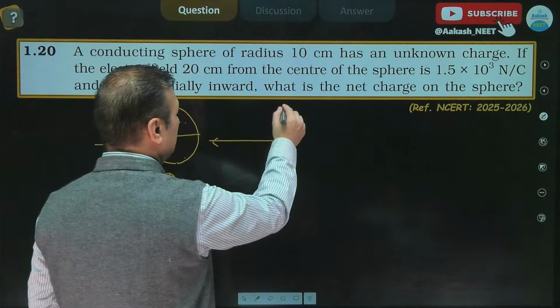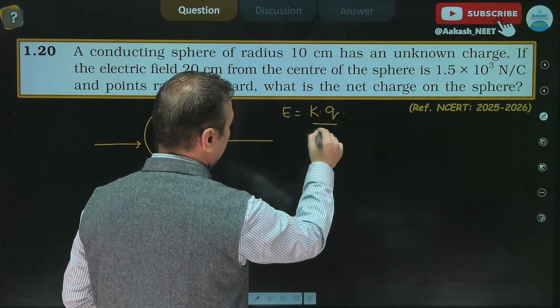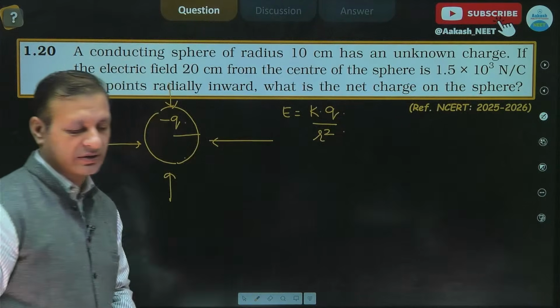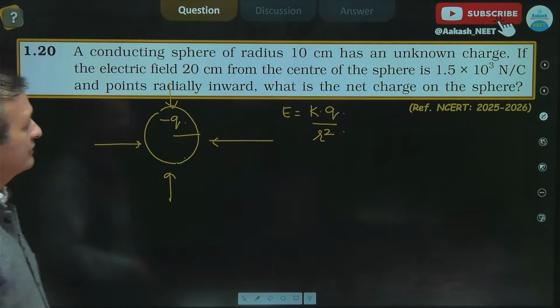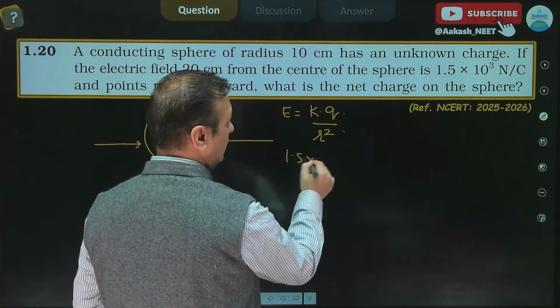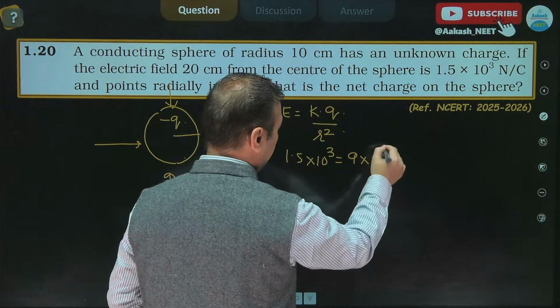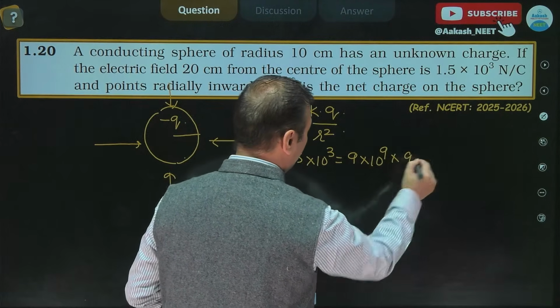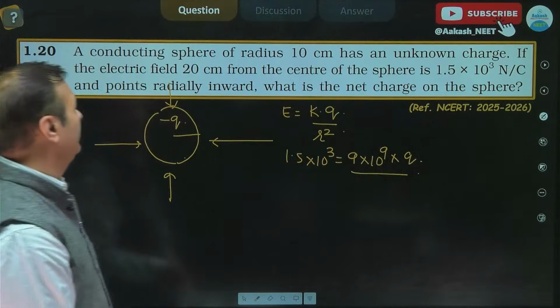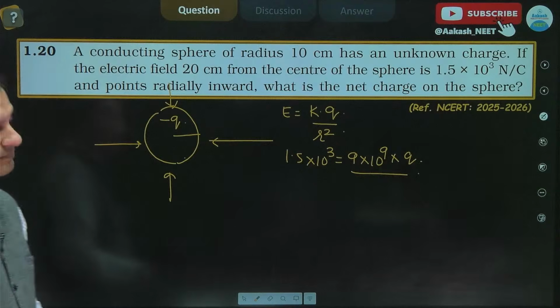So electric field due to a point charge is given by this formula, kq by r square. Electric field is known to us as 1.5 into 10 to the power 3. Value of k is 9 into 10 to the power 9. Q we have to find out, and its radius is, what is this radius?